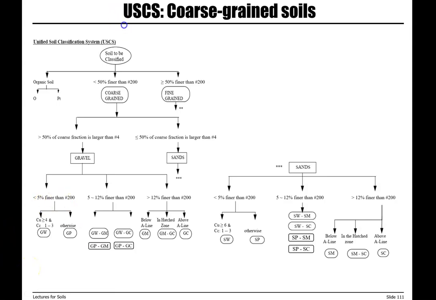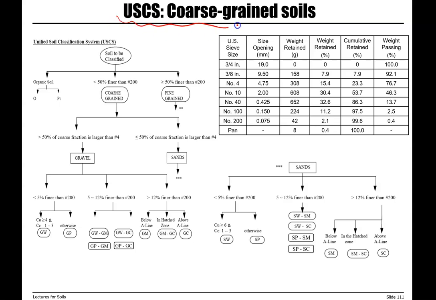So again, this is the chart that we went over earlier. This is the chart for coarse grained soil, and we have the sieve analysis results. Step one, you need to look at sieve number 200 and percent passing from sieve number 200. 0.4% is passing, which means that the percentage of fines is 0.4%.